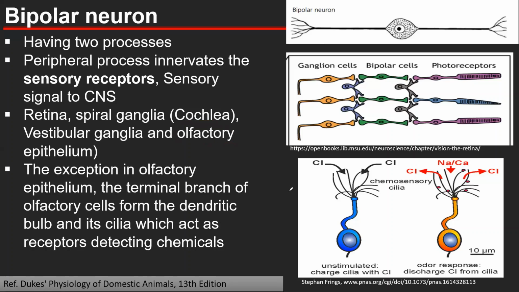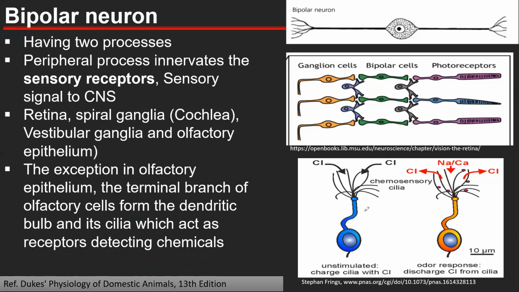But the bipolar neuron which we find in the olfactory epithelium is a little bit different from the retina and the vestibular ganglia. In the olfactory epithelium, the terminal branch of the olfactory cell forms the dendritic bulb and its cilia, which act as a receptor detecting chemicals.